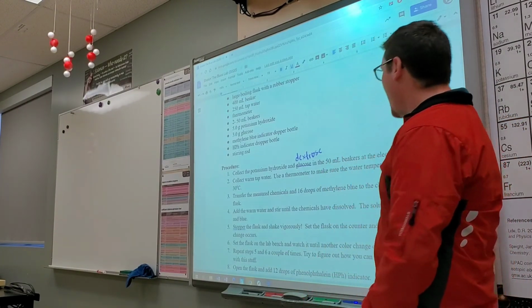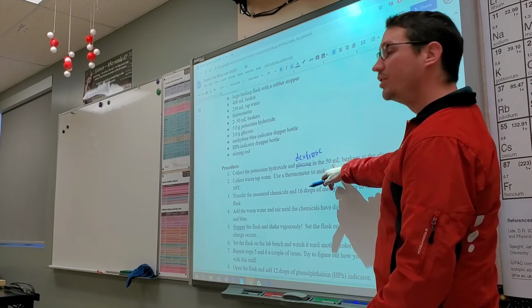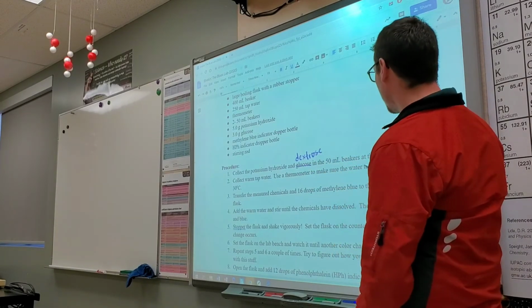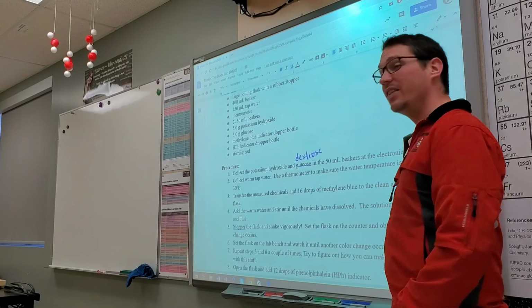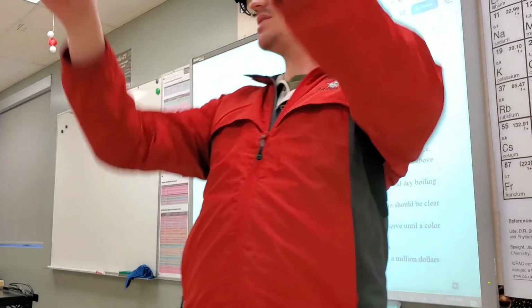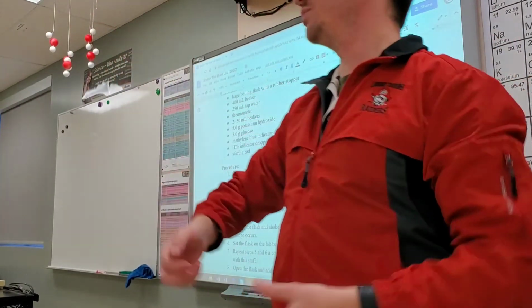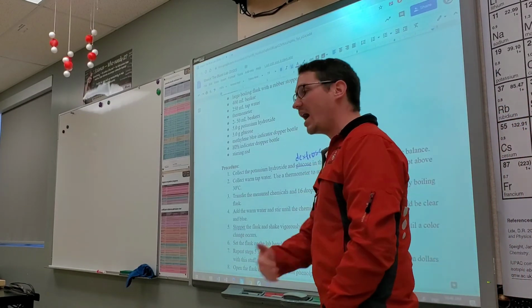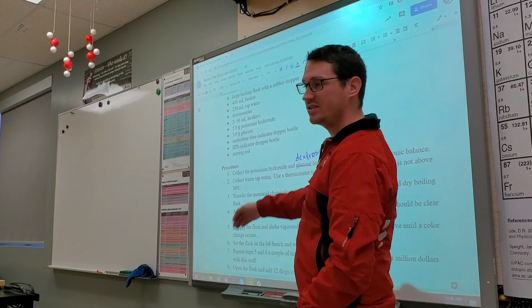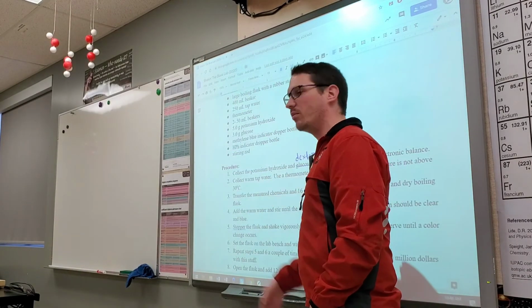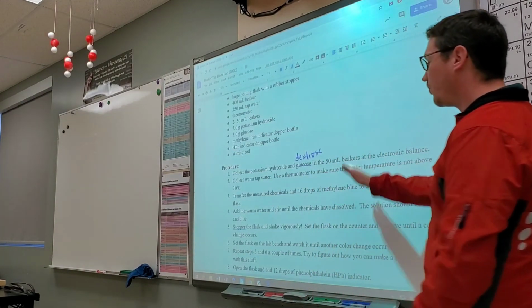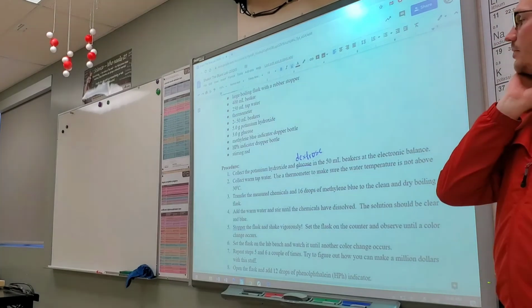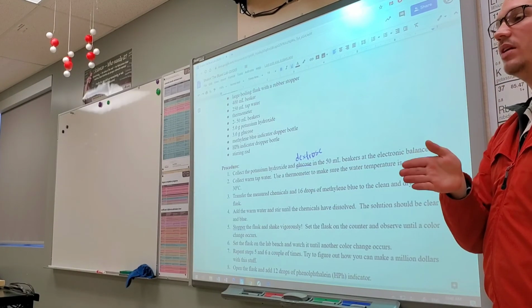You're going to gather them in 2 separate 50 milliliter beakers on an electronic balance. The balances are on the other side of the lab, in cabinets with shutters that I will roll up. I want you to just try this out. Collect tap water, just tap water, as long as it's not more than 30 degrees, and perform this experiment. If you have any questions, let me know.